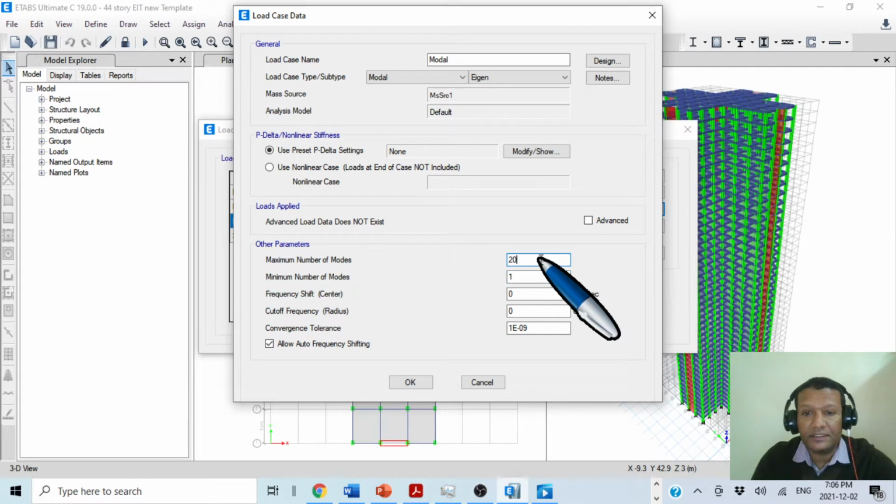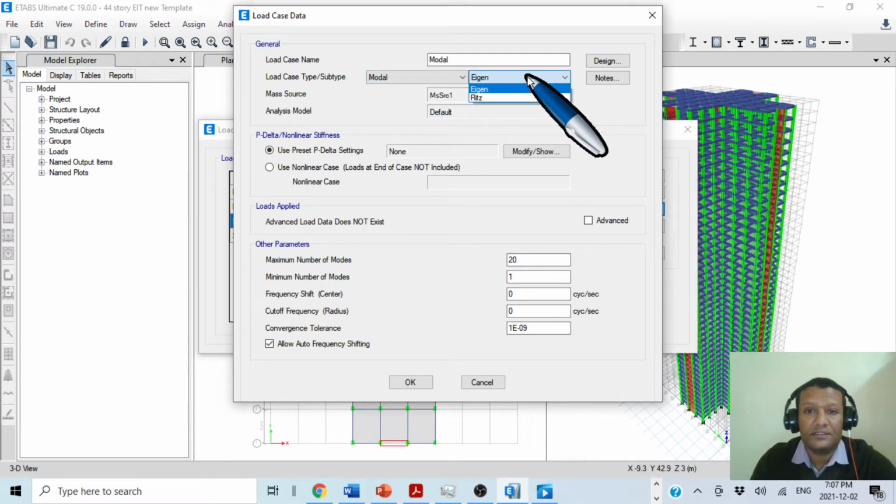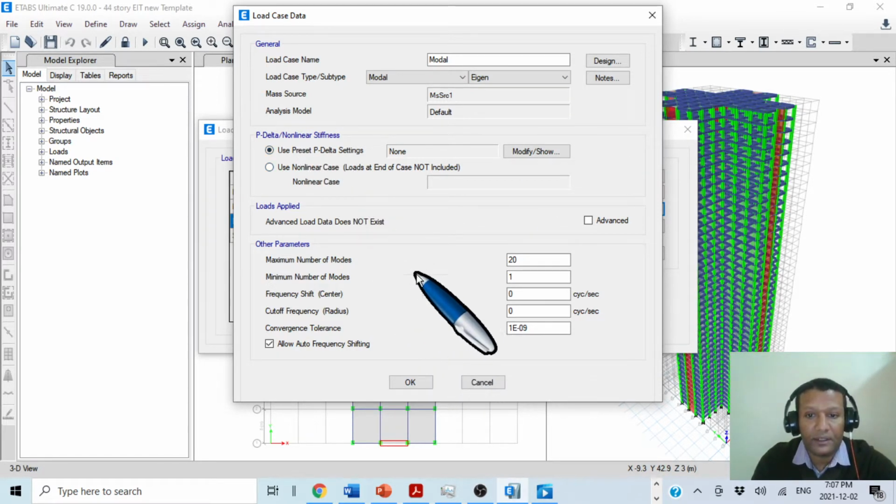We can increase it because the number of modes equals the number of degrees of freedom, but I chose to make it 20. This is eigenvalue analysis, and I also included P-delta analysis.